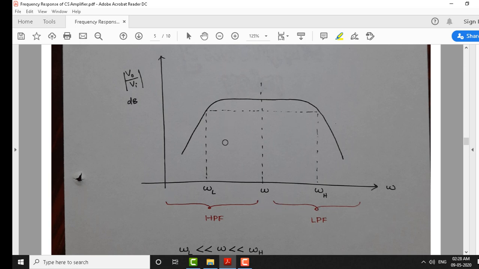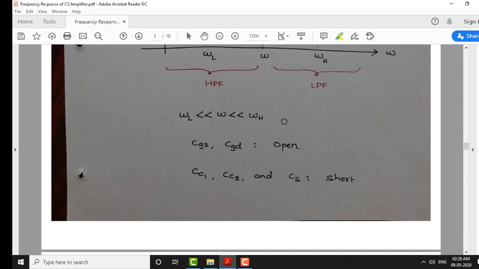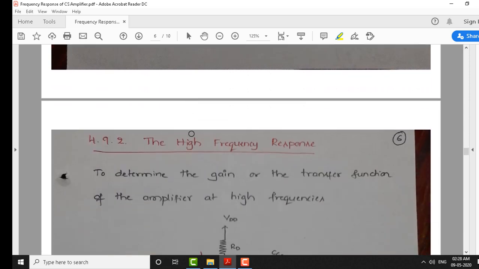In the mid band region, the gain is almost constant, that is for the frequency between omega L and omega H. Between these two limits, the internal capacitances of the MOSFET, CGS and CGD, behave like an open circuit, and the external capacitances CC1, CC2 and CS behave like a short circuit. So this is the overall frequency response of the common source amplifier.